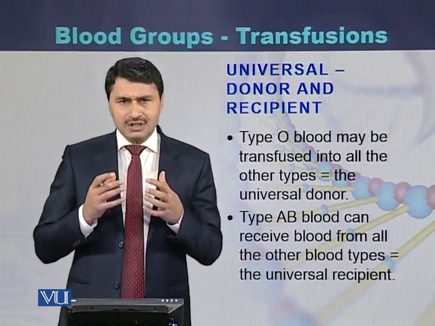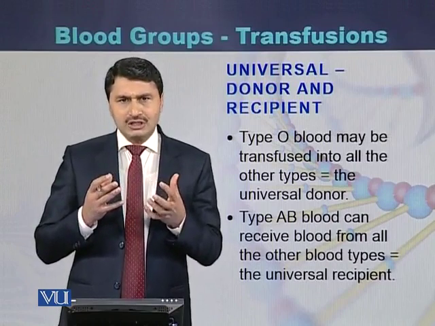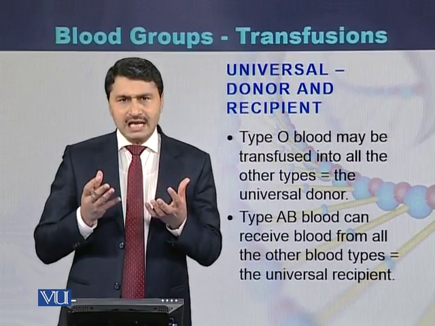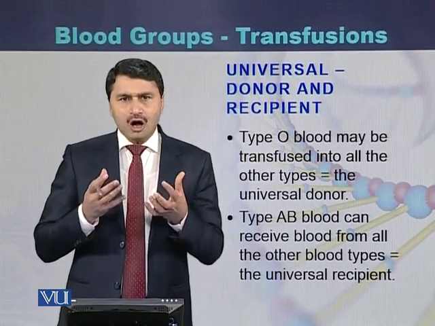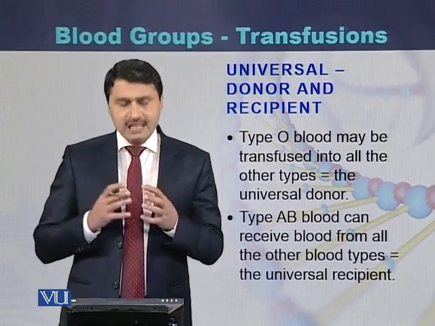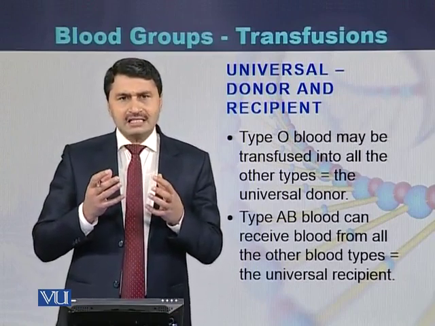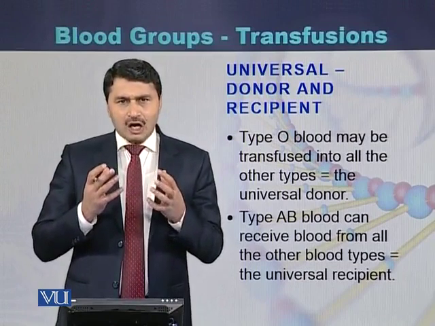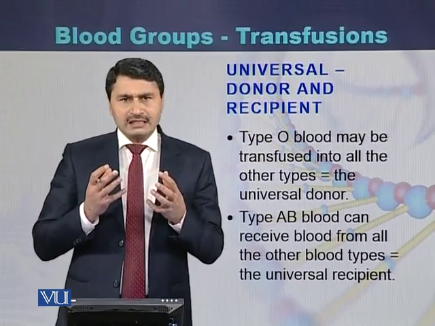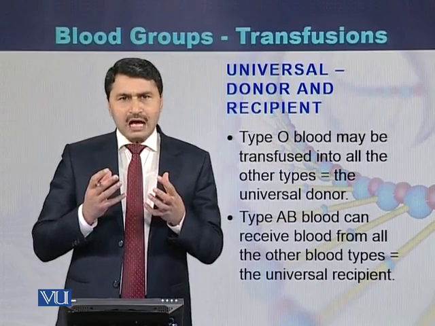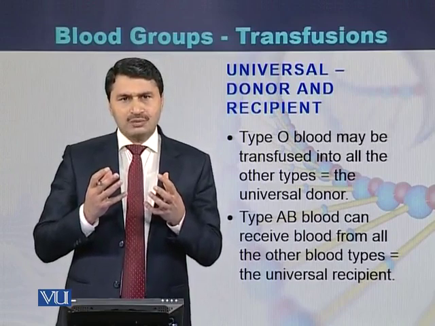This blood can be transfused or donated to any person with either O or other than O. While blood group type AB is called a universal recipient. All the other blood groups can be donated to a person who has blood group type AB.